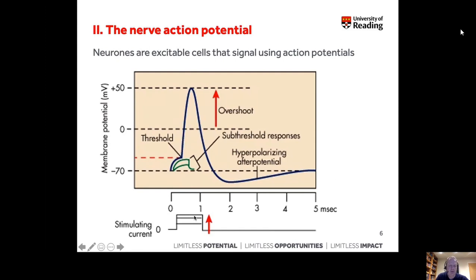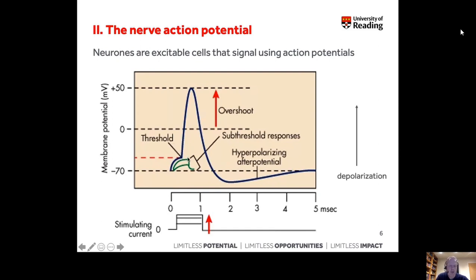This third bar here goes above a threshold value and a full action potential fires, goes up to about plus 50 millivolts, then quickly returns back past rest, has this overshoot period, and then returns to resting potential. So this whole sequence of events here is called the nerve action potential.